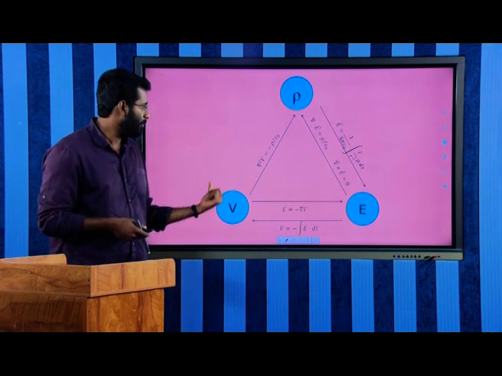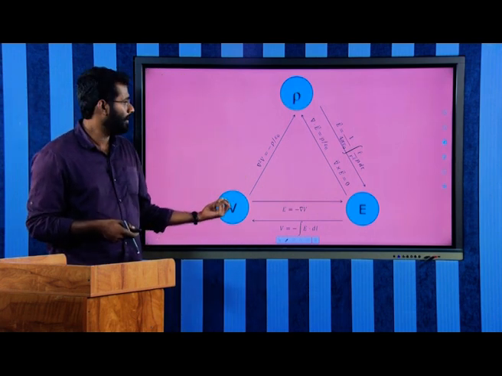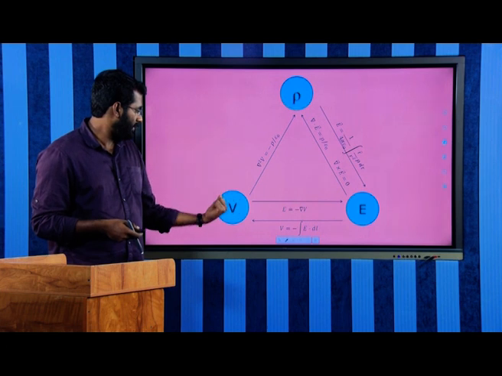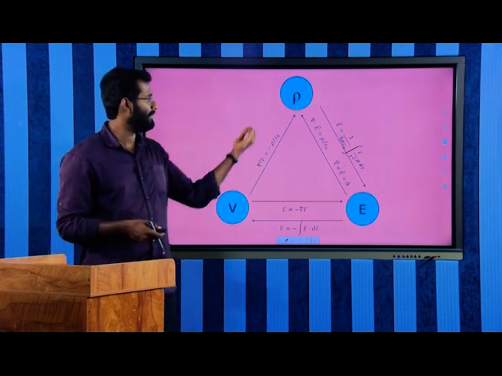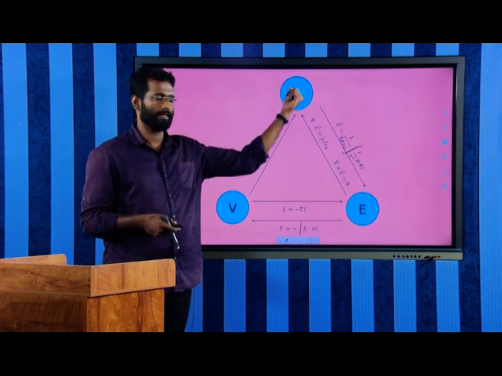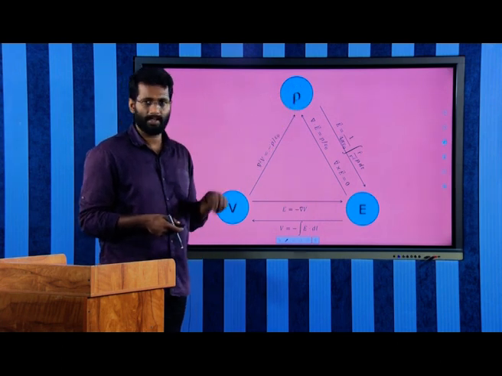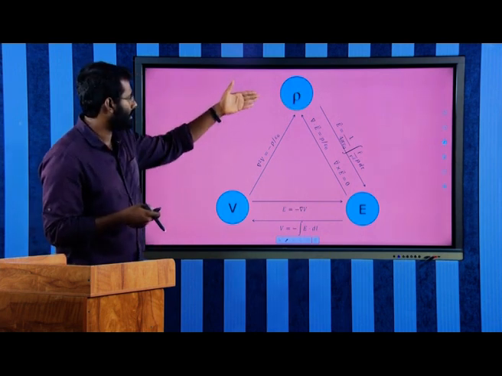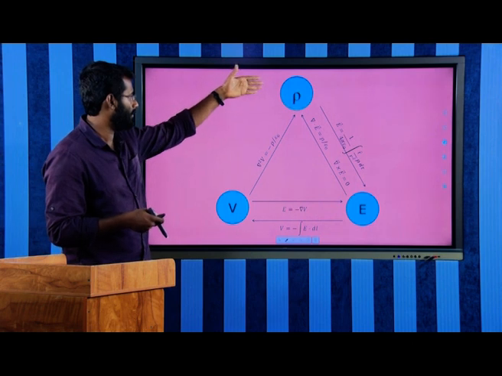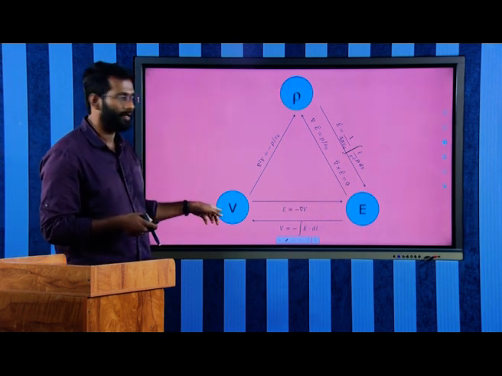That means if you are provided with the V, you can calculate del square V, and we get the charge distribution, or the charge density. And if you are provided with a rho, we can calculate the V also.